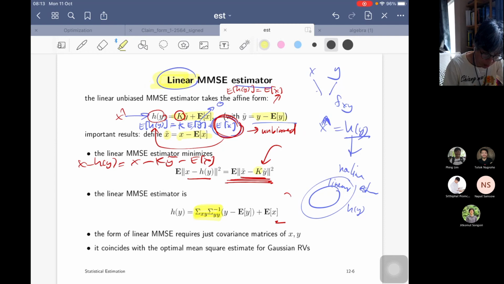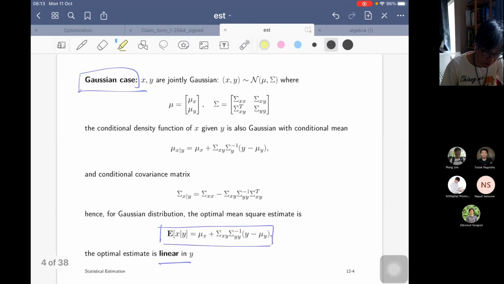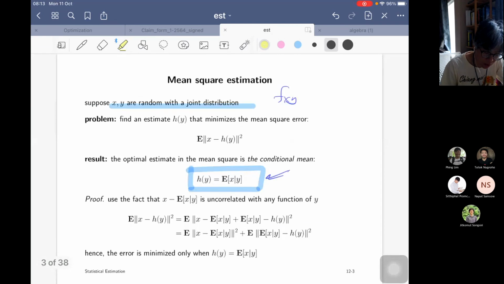From this result, we want to comment that the linear MMSE estimator requires just the covariances of x and y. This is a milder condition than the MMSE estimator, where you need the conditional mean of x given y.